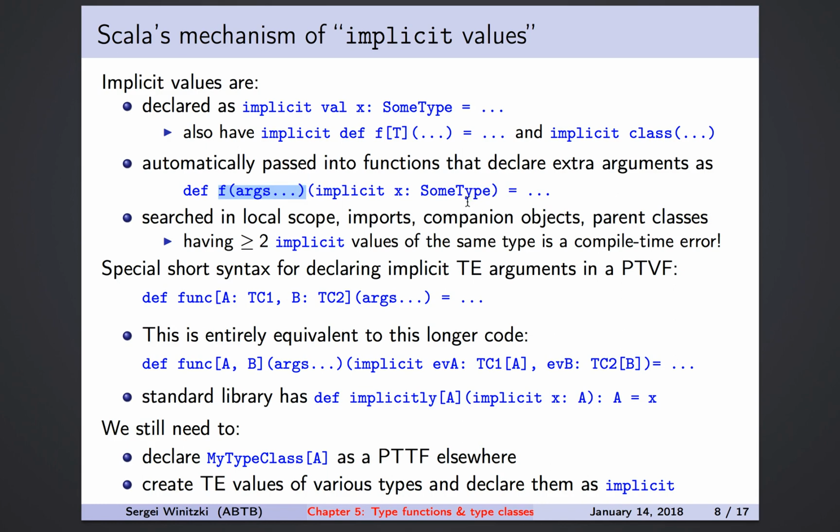That would be found. So the compiler at compile time will search in the local scope for this definition, or in imports, or in companion objects, or in parent classes, and it will find a definition like this, and it will substitute that value silently and invisibly into your function.